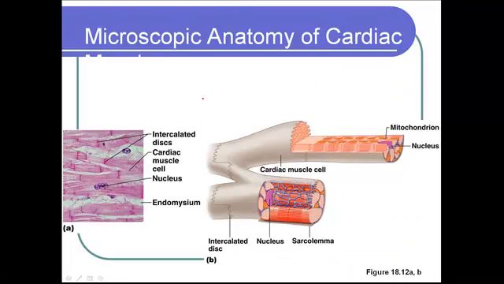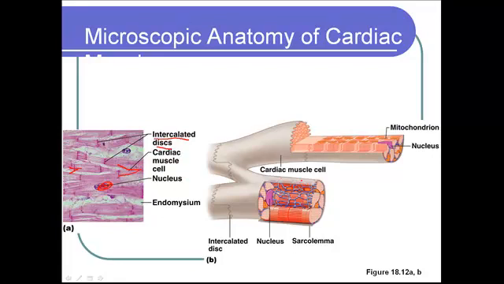And the microscopic anatomy of cardiac muscle, we saw this before. We have intercalated discs. I'll always ask that. It has the nucleus right here, and this is endomysium. The intercalated discs allow an action potential to flow more rapidly and to be spread out. Remember, we also have this branching and intercalated discs.